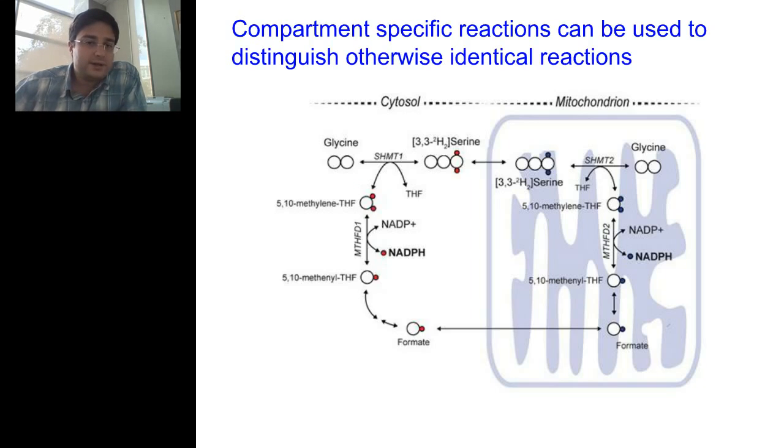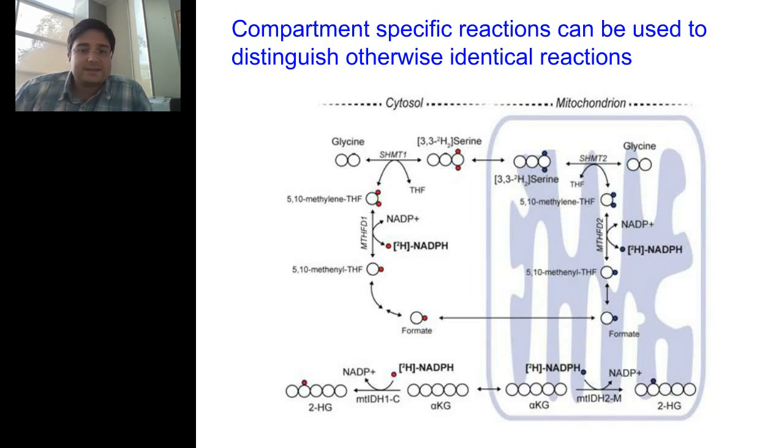Now, importantly, these serine hydroxymethyltransferase enzymes and methylene tetrahydrofolate dehydrogenase enzymes are present in both the cytosol and the mitochondrial compartments of cells. And we've known for some time that there's a fair degree of activity in these pathways in all cancer cells that we've tested.